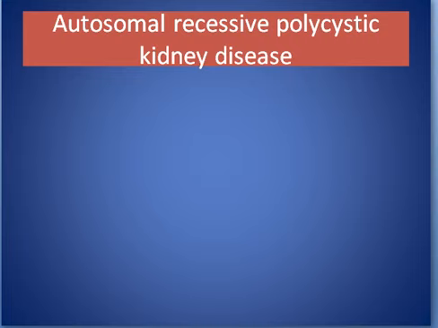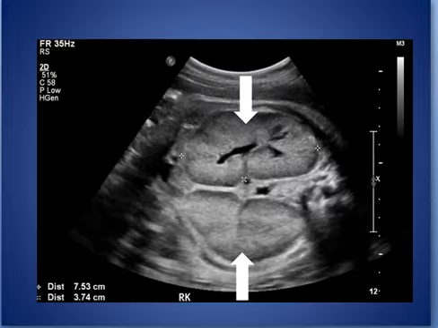The clinical spectrum is widely variable, ranging from perinatal death to a milder progressive form, which may not be diagnosed until adolescence. On ultrasound, there is bilateral enlargement of the kidneys and the kidneys are echogenic.